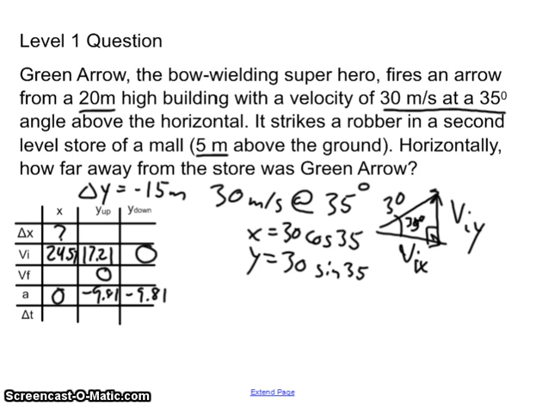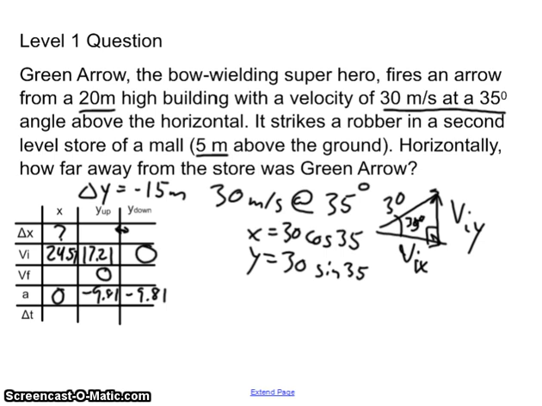The displacement going down is how far from the maximum height we go. So the addition of our displacements in y up and y down must be negative 15 meters.